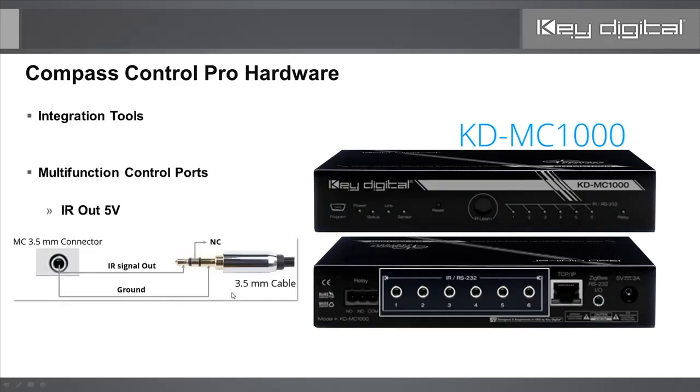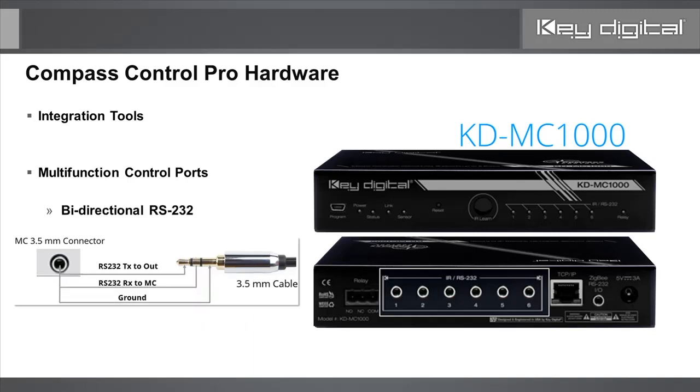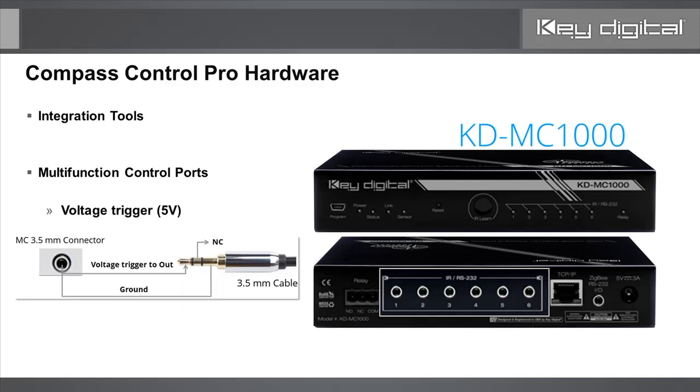These multifunction ports are extremely versatile. They could be IR at 5 volts with the signal on the tip of a TRS connector, no contact on the ring, and you have the ground on the base. They can be bidirectional RS-232 with transmit on the tip, receive on the ring, and ground on the base. They can be voltage triggering, 5-volt trigger with voltage on the tip.